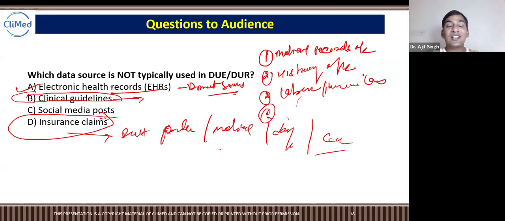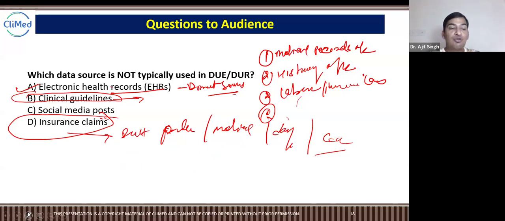They will also have all the data on drug utilization, how many days the patient was in hospital, what was the medical condition, what was the treatment, what was the resource utilization, what procedures were done, everything. So insurance claims also can be a data source.